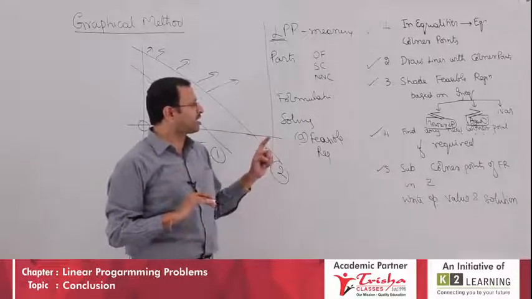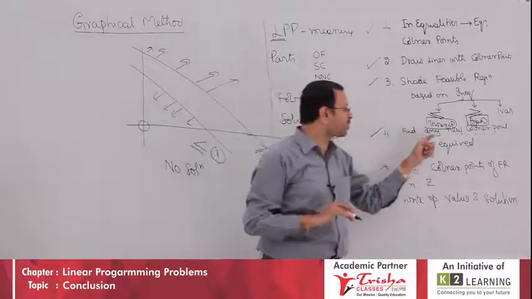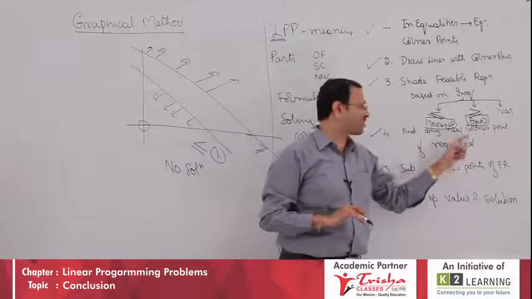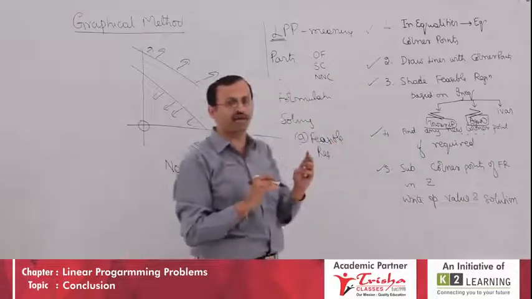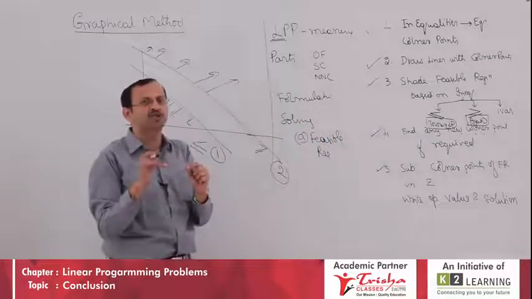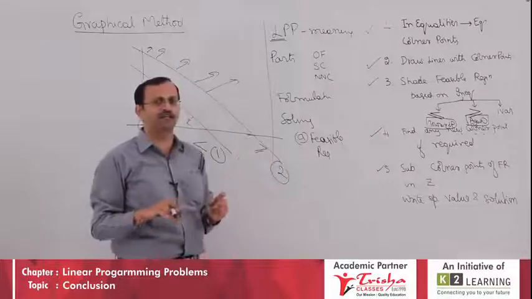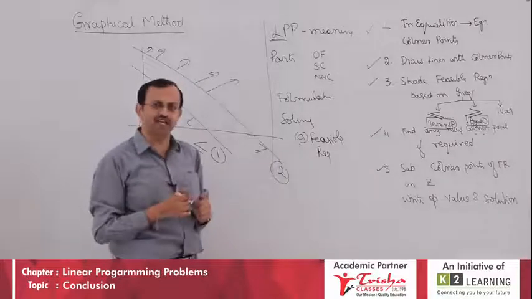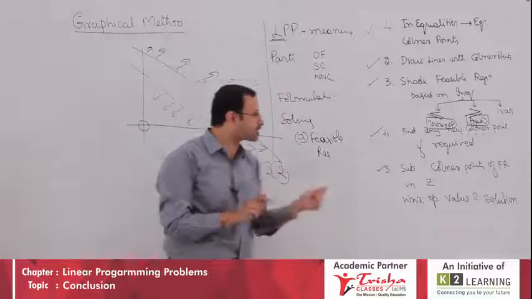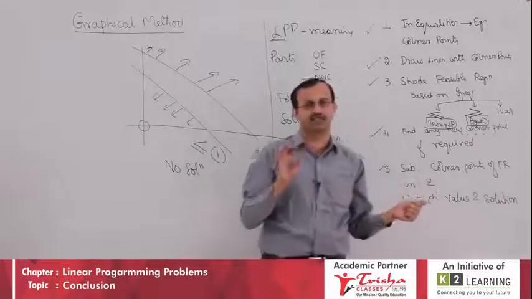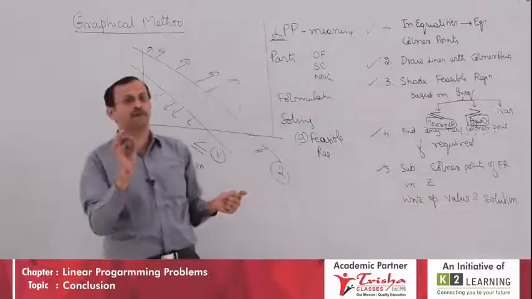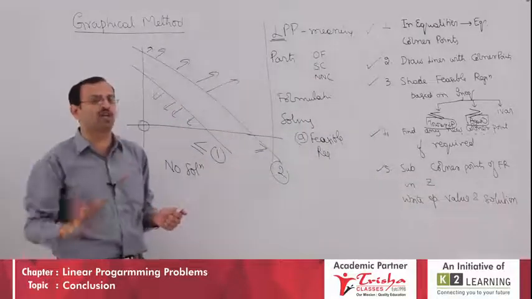Then, any new corner points if you get, find that by solving. If you find out exactly you may get, if decimals come you may be in little trouble, you have to solve it. Students, after finding out that, you have to substitute all the corner points of feasible region in Z. Only the corner points of feasible region, not all the points.